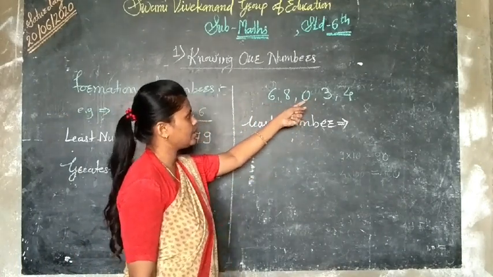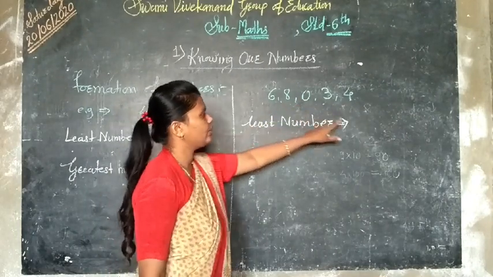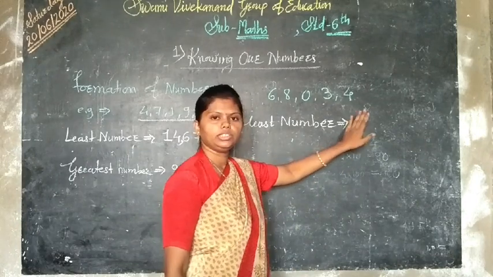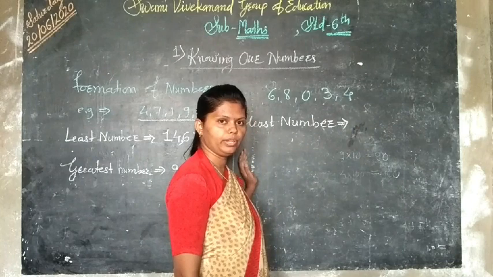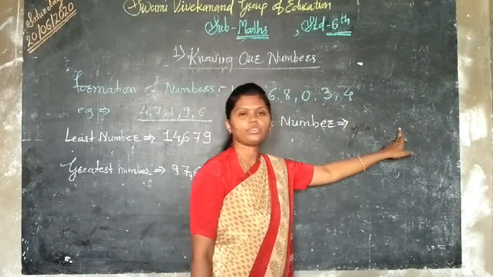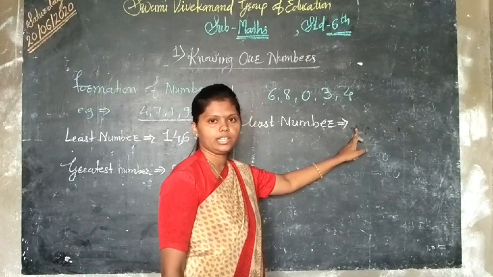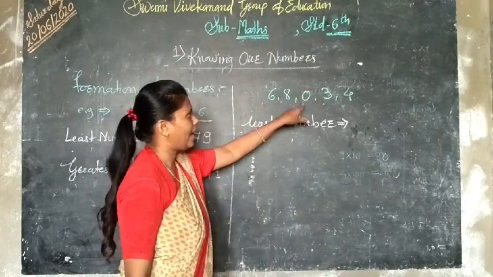So, here you can say 0 is the smallest digit, but don't put the 0 at the first, because you know the reason. If you put 0 at the first, it comes at the left-hand side of your number and it turns your number into a 4-digit number, because a 0 on the left side doesn't have any value. So, let that 0 stay as it is.